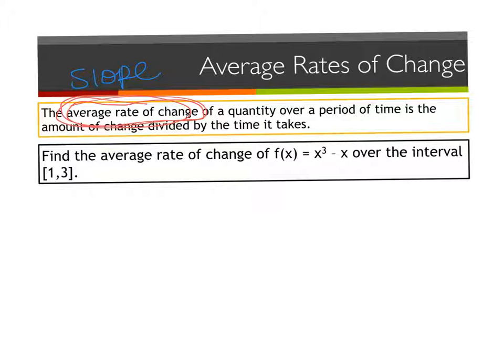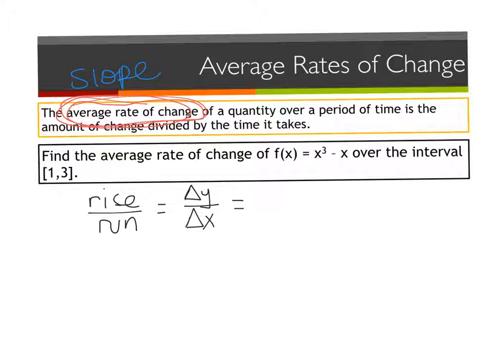So here we have a situation where it says find the average rate of change of f of x equals x cubed minus x over the interval 1, 3. So what that means is find the slope. Now slope, remember, is just change in y over change in x, rise over run, which is also the same as delta y over delta x.